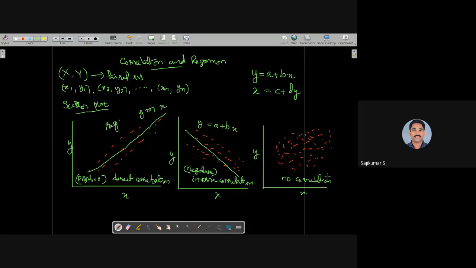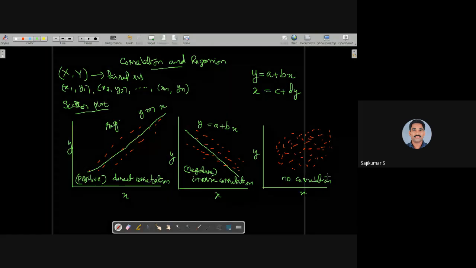If you are predicting y in terms of x, it is called the regression line of y on x. That is y is equal to a plus bx, regression of y on x. In the other case, x is predicted in terms of our y value. Okay, so these are the steps.